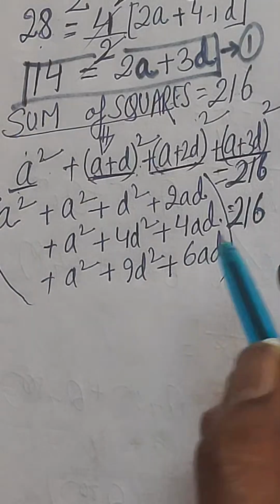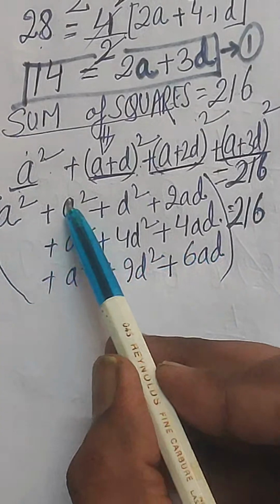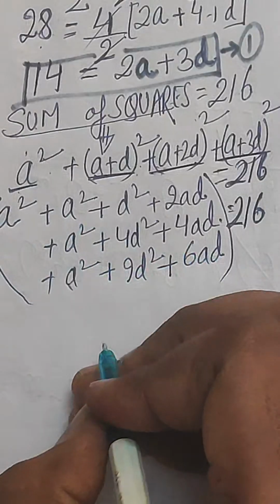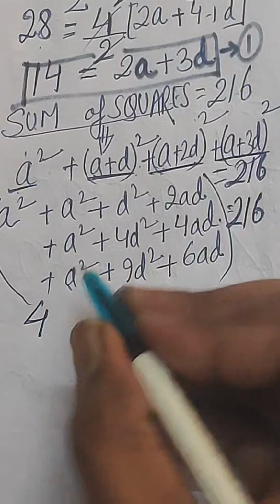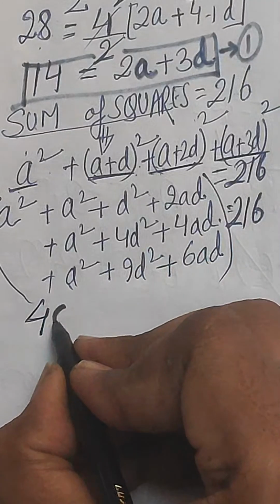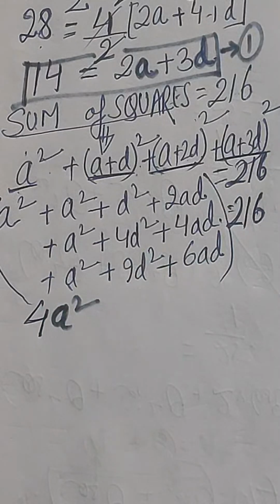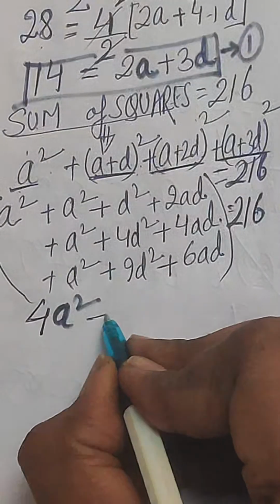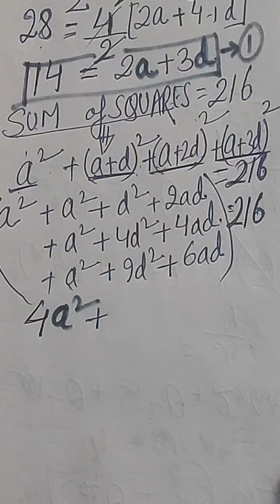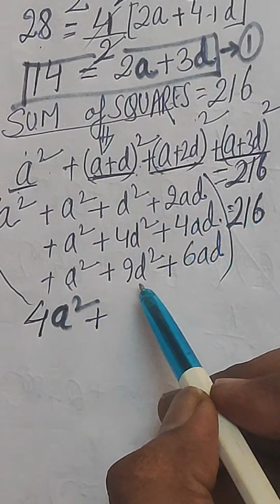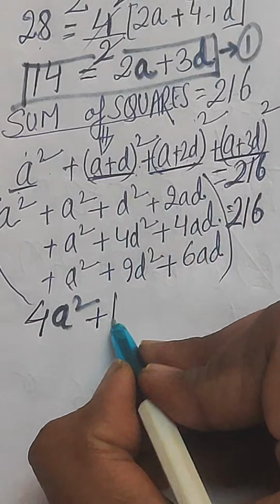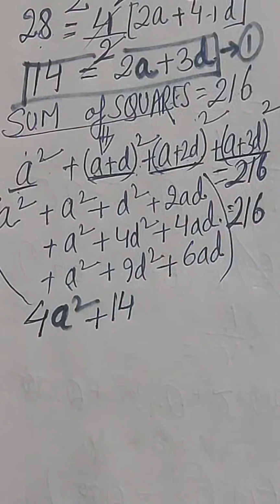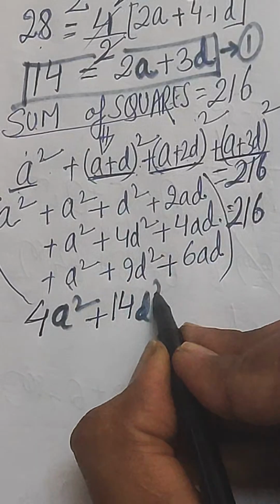Now you can see 1, 2, 3, 4, 4 times a square is there, so just write 4 times a square. After that, how many d square? 9 plus 4 is 13, plus 1 is 14. So 14 times d square.